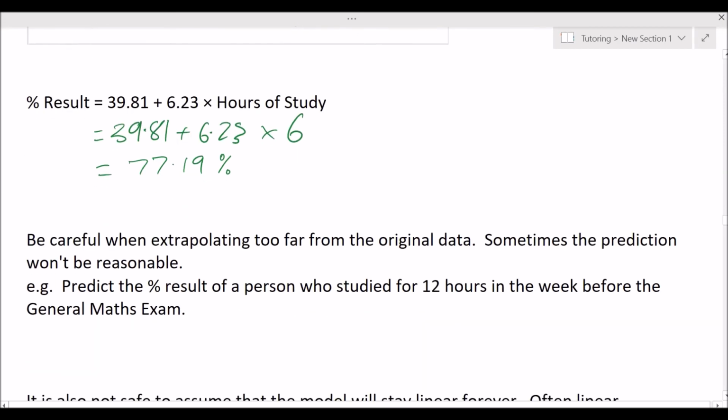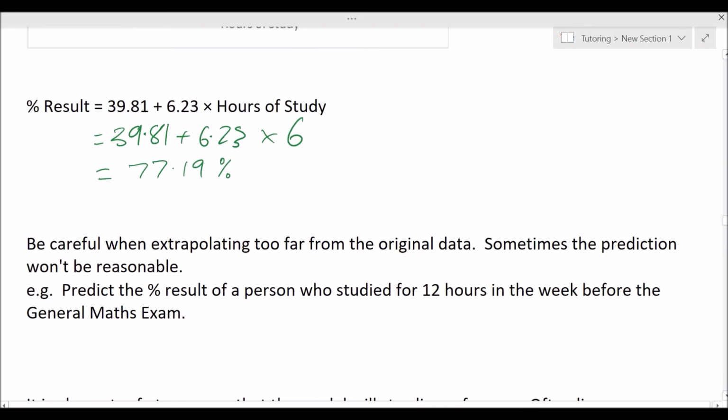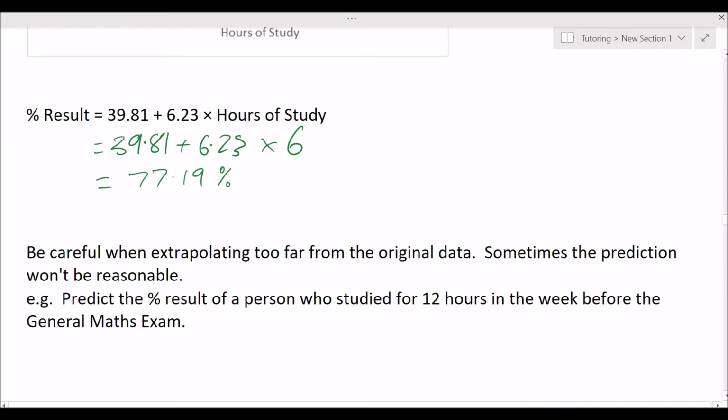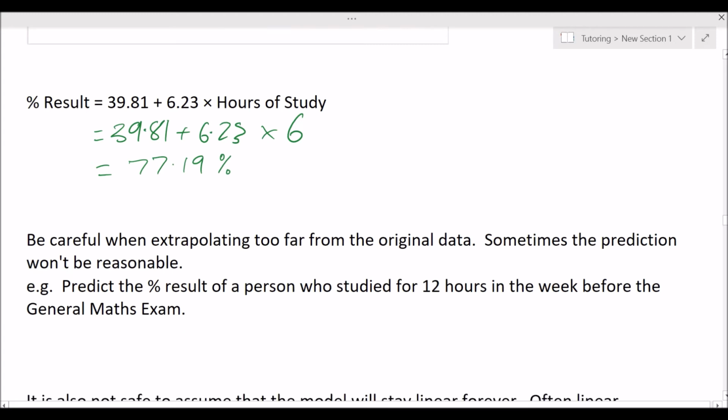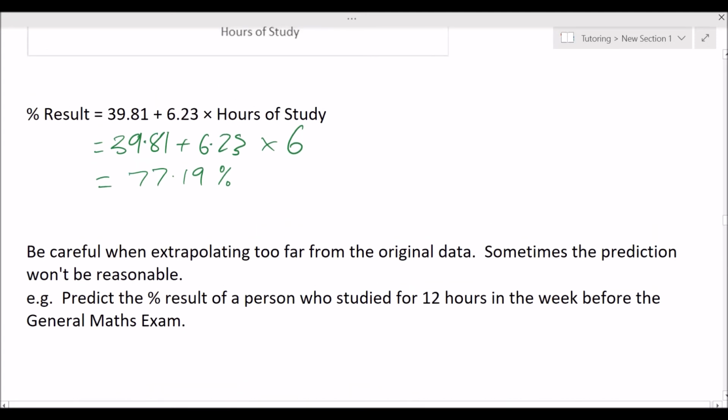Now, we have to be careful extrapolating too far from the original data, because sometimes the prediction will no longer be reasonable. An example here is to predict the result of someone who studied for 12 hours. If you substitute that into the equation, you get approximately 114%.